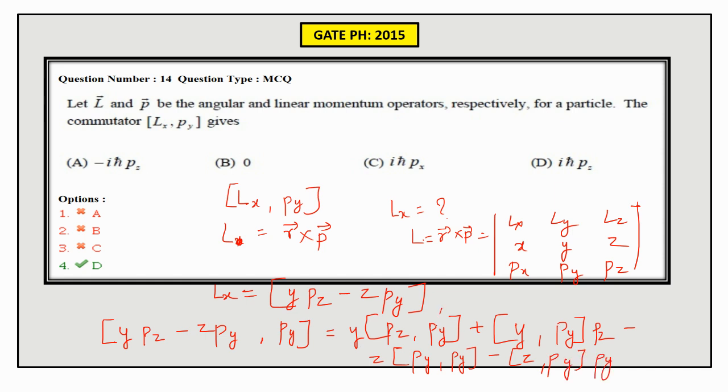So this will go zero. Obviously this will also go zero. This will also go zero. Now we are left with y py pz, and you know y py is i h cross pz, right? So this is the answer.